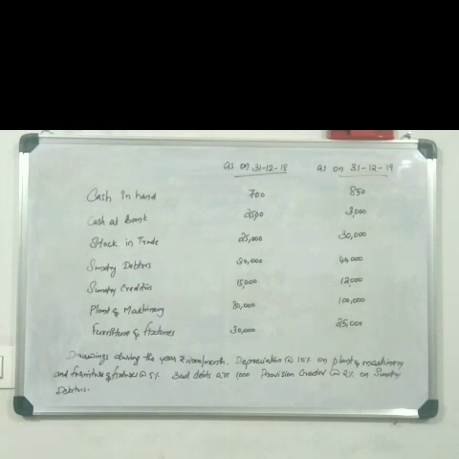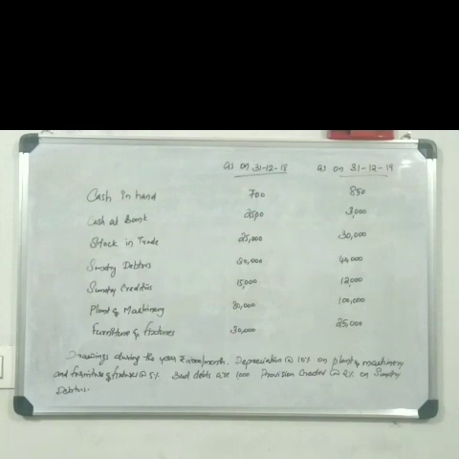So let us see what are the things we have to prepare. First thing is the opening statement of affairs to ascertain the opening capital. Second thing is the closing statement of affairs to ascertain the closing capital. And finally, the statement of profit or loss to ascertain the net profit or net loss incurred during the year.